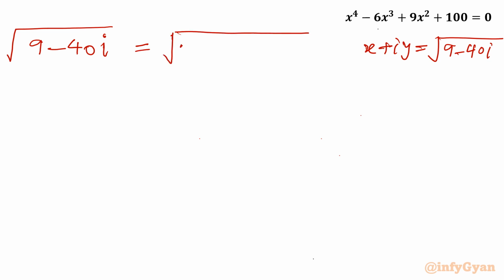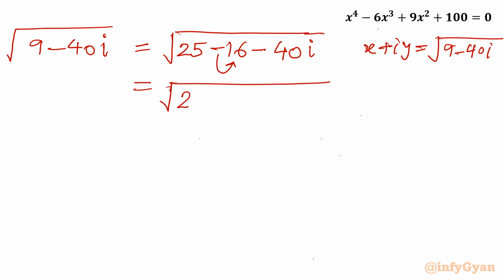9 we can write as 25 minus 16, and 40 as it is, 40i with negative sign. Now this minus I will consider as i square and I will merge with 16. So we can write this as 25 plus 16i square, and then we will be writing 40i as it is with negative sign.